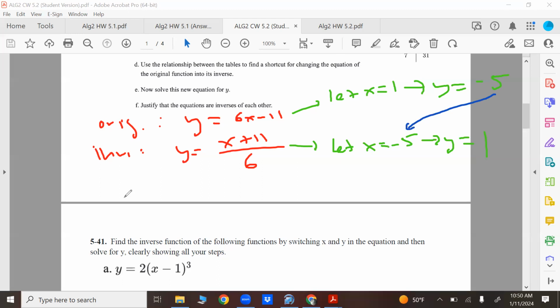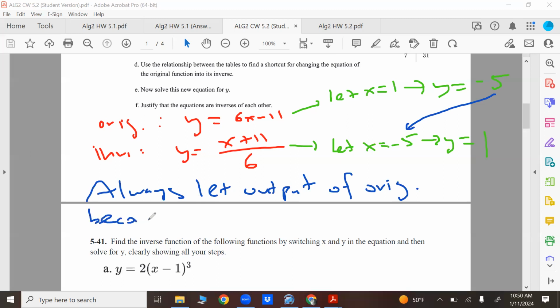So you always let the output of the original become the input. This is actually kind of a big deal.